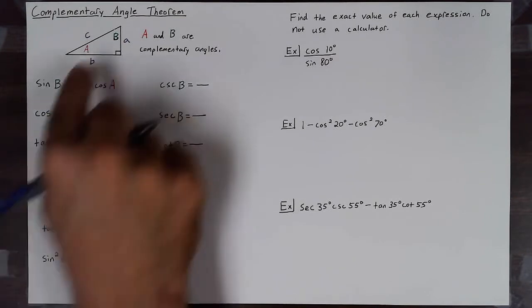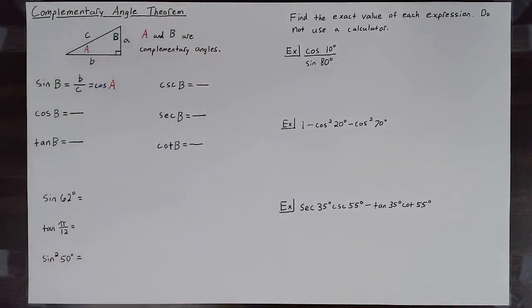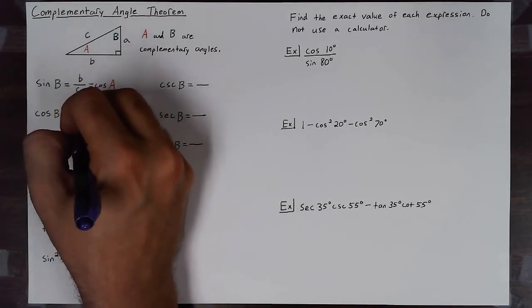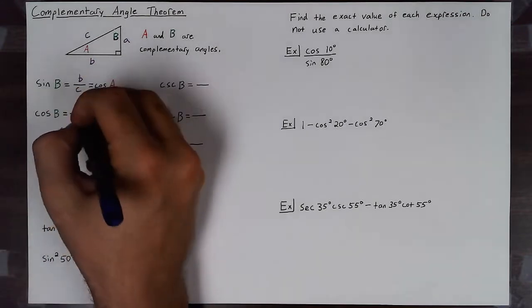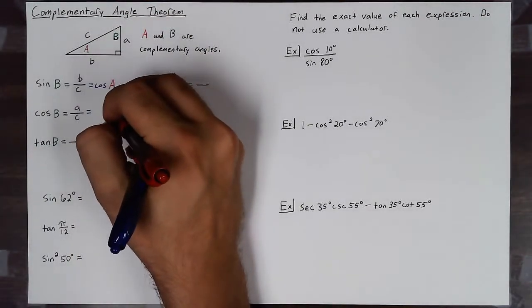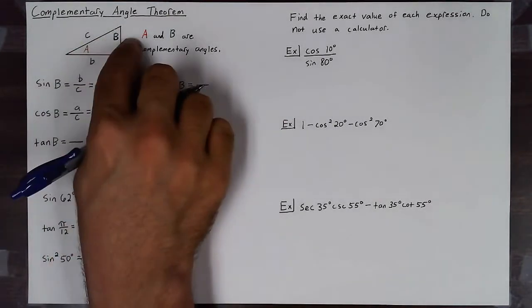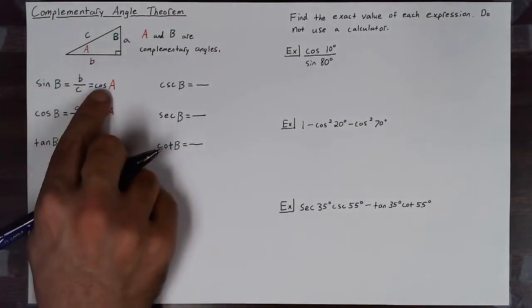And if I did the cosine of B, which would be adjacent over hypotenuse, A over C, then I would get, using angle A again, opposite over hypotenuse, which is sine. So you'll see here sine and cosine, cosine, sine.